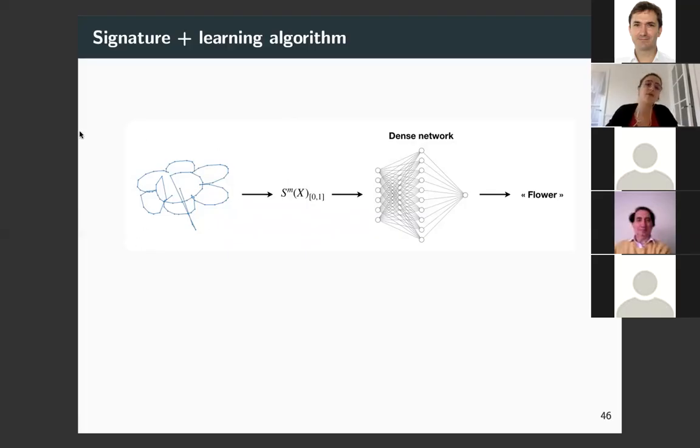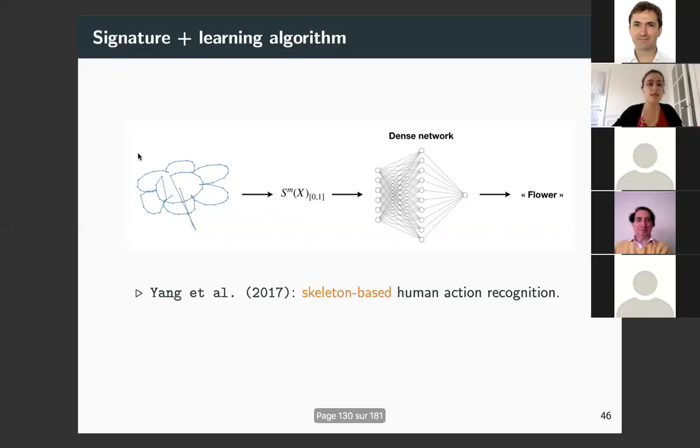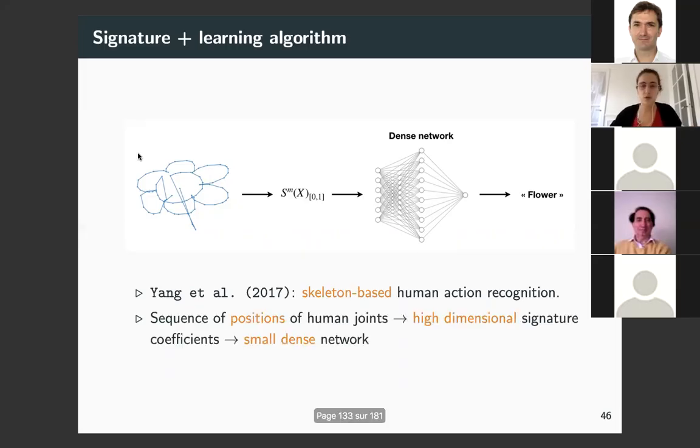If you have your path X, a simple thing you can do is compute its signature, and then say that this signature is the input of your f theta function, which can be a network, but anything else also works, and then you can predict something. This is the approach of some people, for example Yang et al., who worked on human action recognition with signatures.